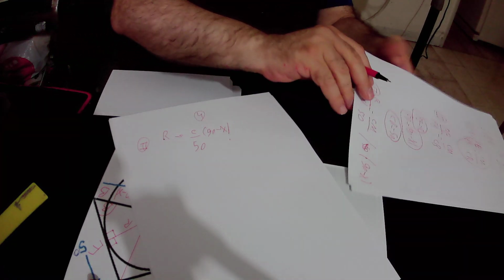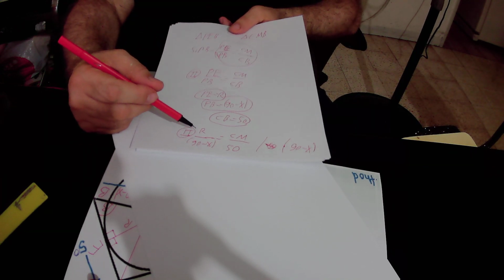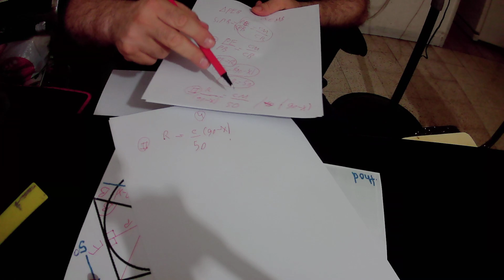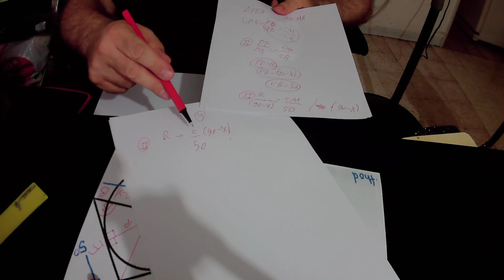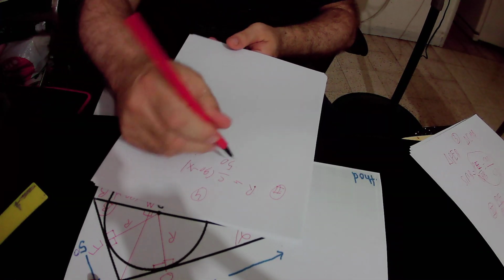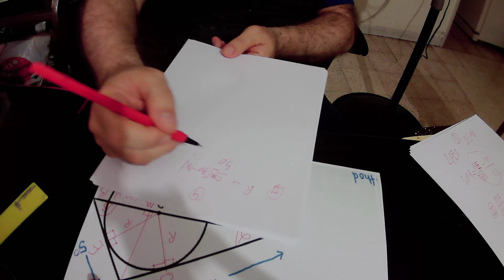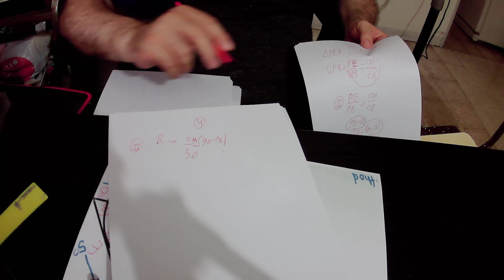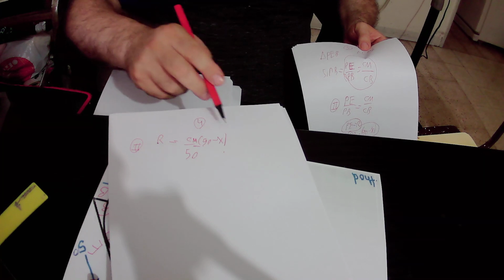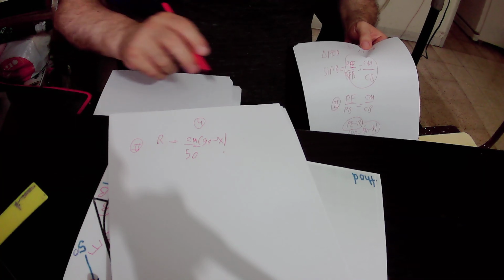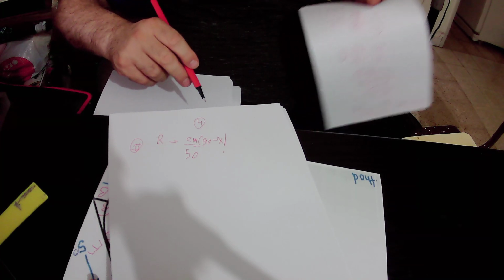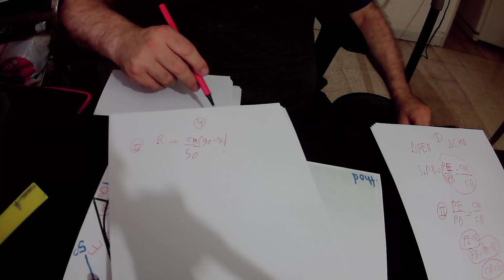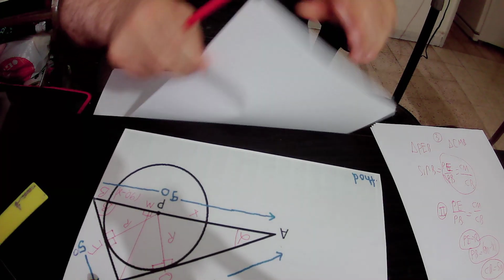Okay, so we have here R over 90 minus X times 90 minus X equals R, and CM over 50 times 90 minus X. We multiplied this side by 90 minus X, so it is CM over 50 times 90 minus X. Now we will divide both sides of the equation by CM.